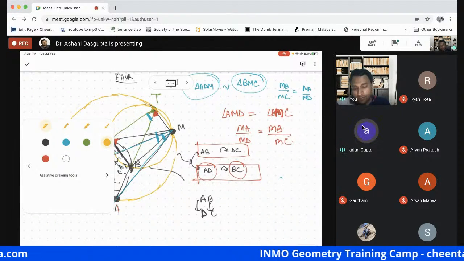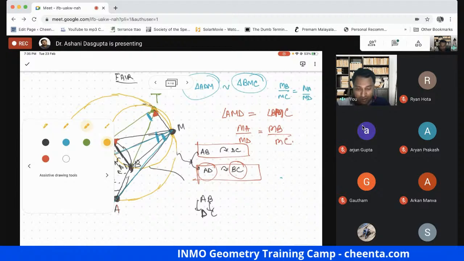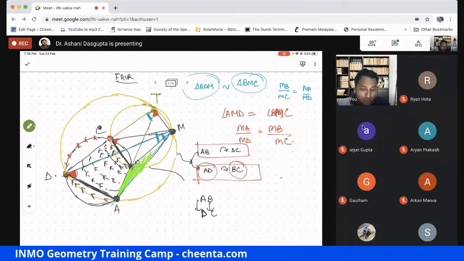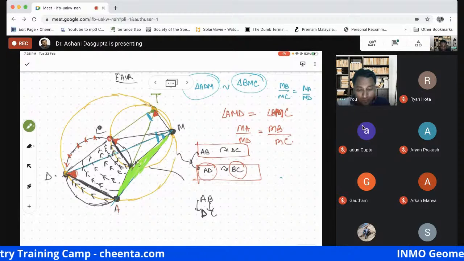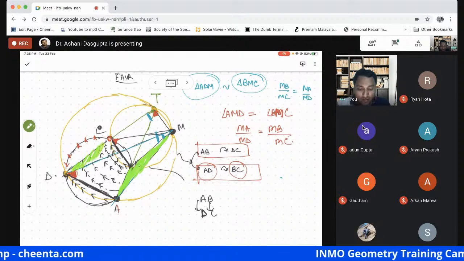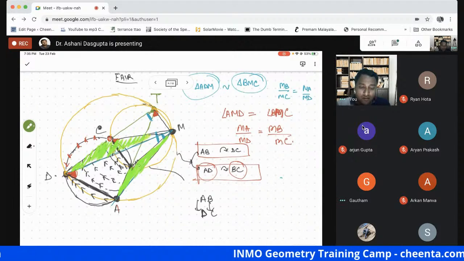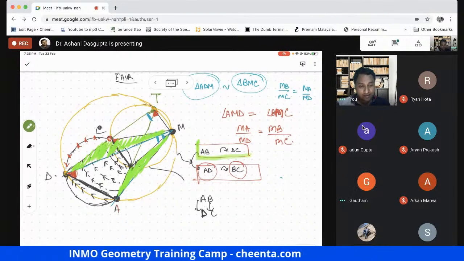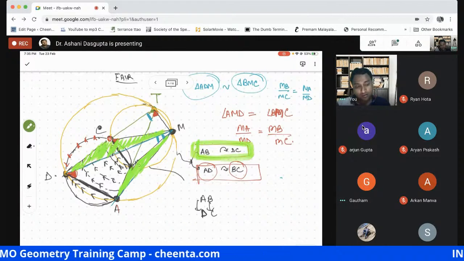Yeah, absolutely. But then we have to look at this triangle, moving to this triangle. And that is what we either proved or are about to prove. Then we will get the top one. Gautam is right.